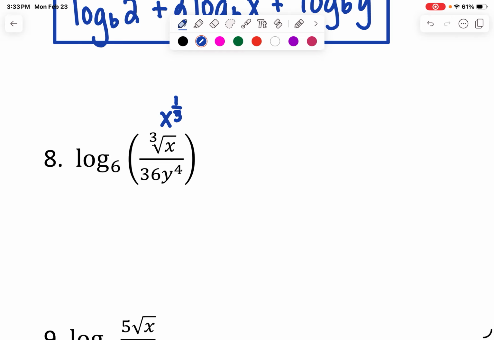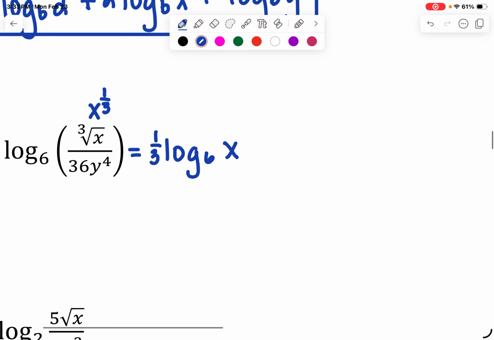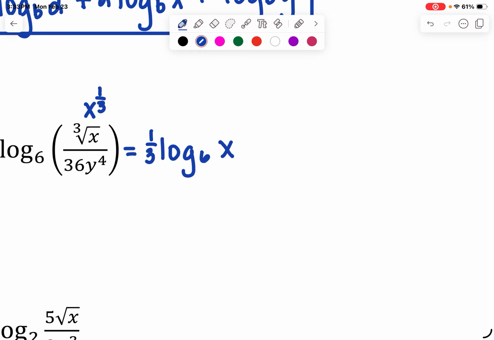X to the 1/3 power. Okay, so I'm going to go ahead and start writing this. I'm going to put an equal sign here. Log base 6 of x to the 1/3 power, but instead of writing it to the 1/3 power, I can write it in front as a multiplier. And now everything that I have is in the denominator, so it's all going to be subtracted off. I'll re-explain why after I'm done doing it.